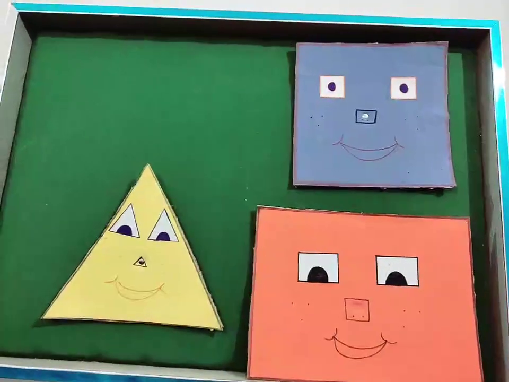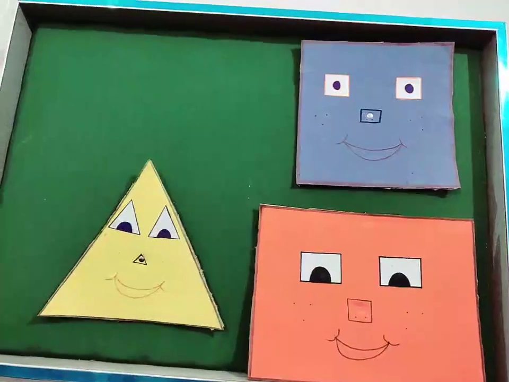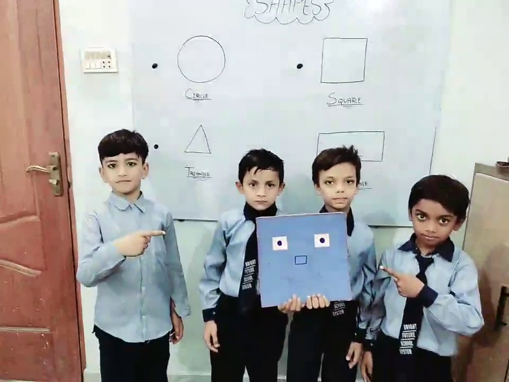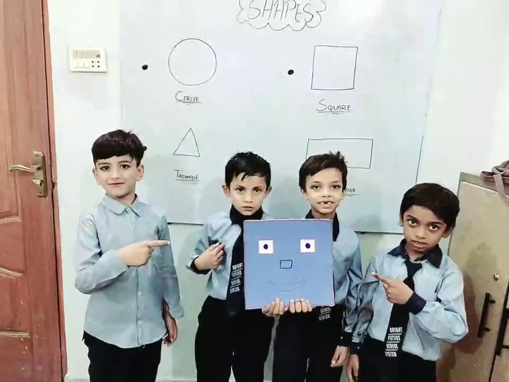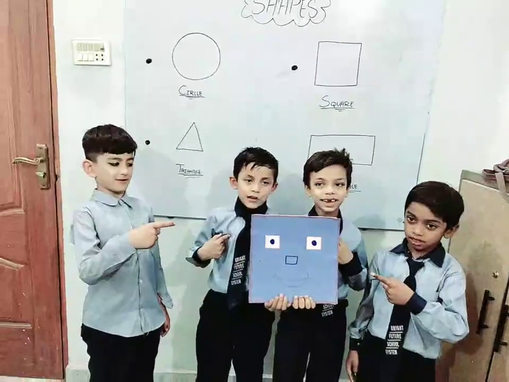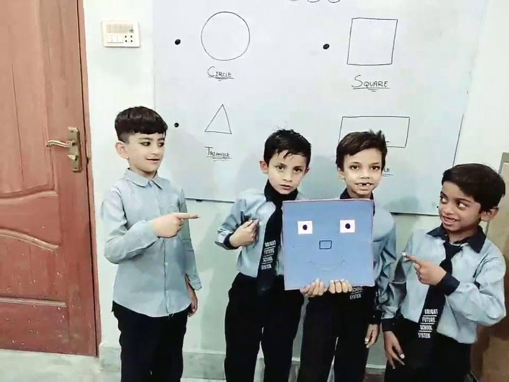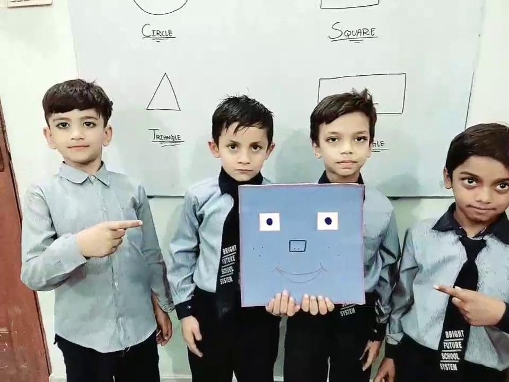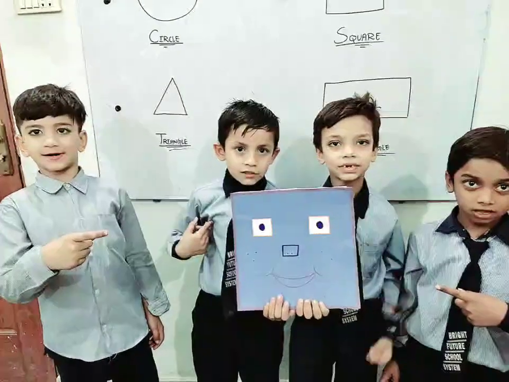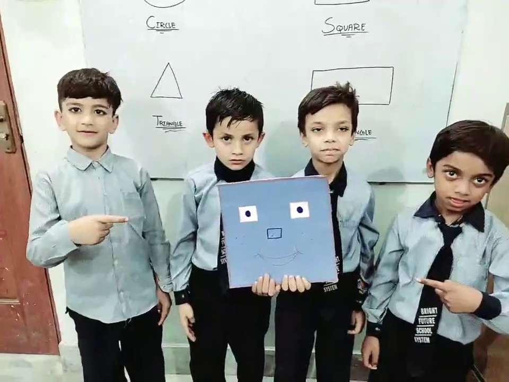Now we turn about square. I am square. I have 4 sides.